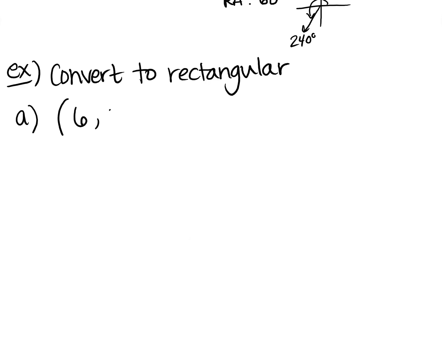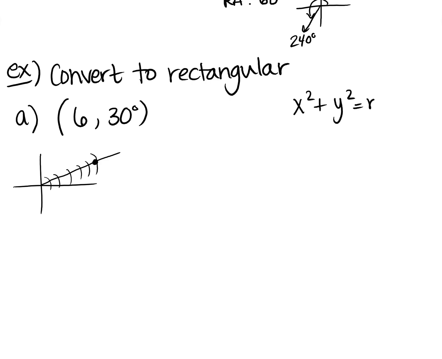Let's start off kind of easy. 630 degrees. So if you think about this, 630 degrees, right? Here's 30 degrees and we're out 6 away. 1, 2, 3, 4, 5, 6. So like 6 circles away. So I should be in the first quadrant. Now remember what our relationships are. We know x squared plus y squared equals r squared.